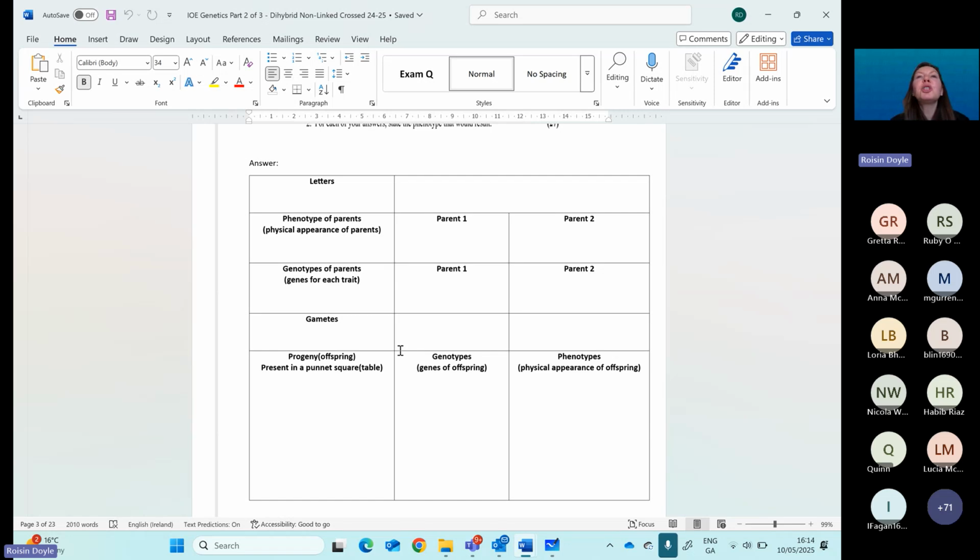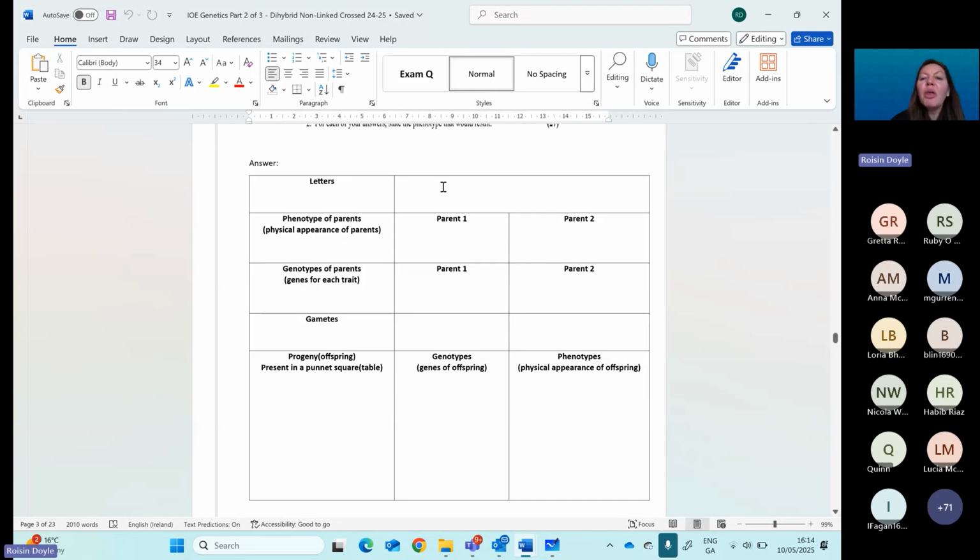They photoshopped it from the page in front of them into their brains. And the first thing they did when they went into their Leaving Cert exam, they took out the answer booklet and as quickly as they could, they recreated that template. So when it came to the genetic cross question, straight away, they got into it.